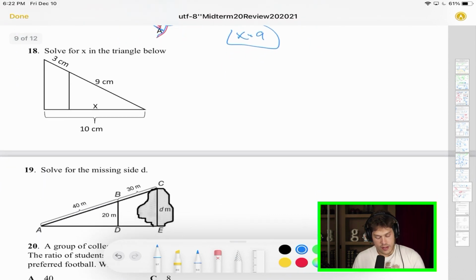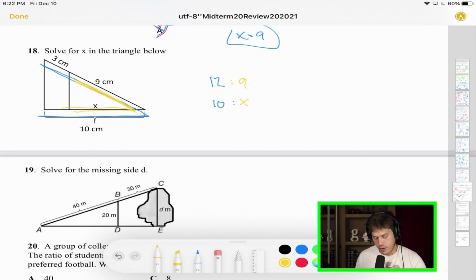Solve for x in the triangle below. So this full length is 12. The length of our shorter triangle is 9, so 12 is to 9, as our full length is 10, and our shorter length is x.